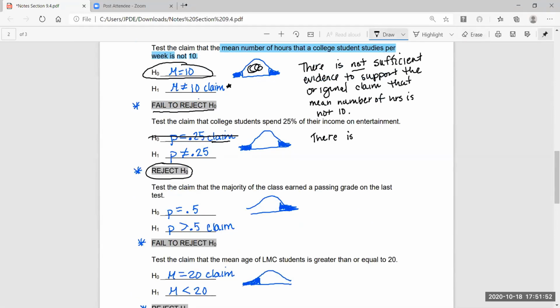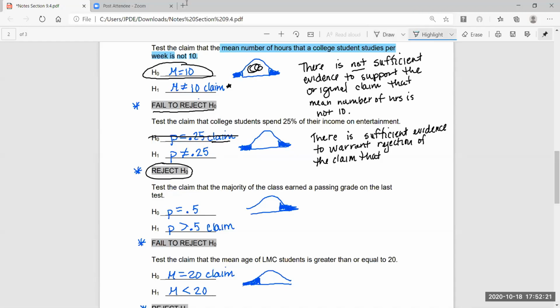There is sufficient evidence to warrant rejection. Notice it doesn't say support or not support. To warrant rejection of the claim that college students spend 25% of their income on entertainment.